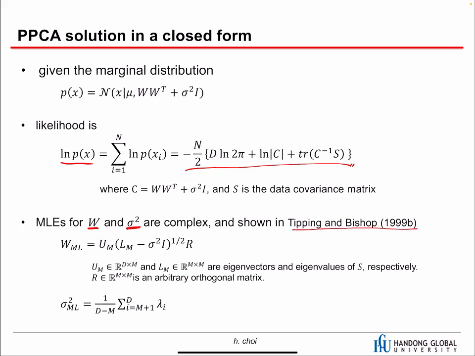We have the equation, take a derivative with respect to W and sigma square and set them to zero, then you can get these two equations. Perfect. So we have a PPCA and we can estimate mu, W and sigma square based on maximum likelihood estimate.